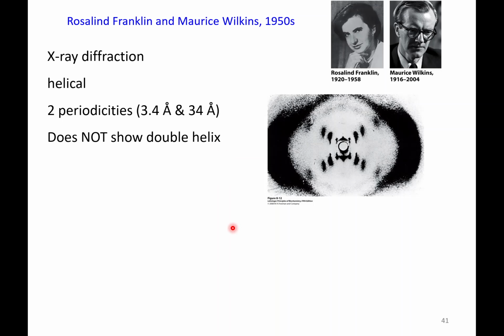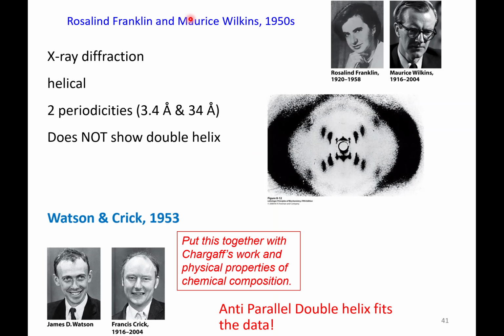Okay, it was found that it was helical. This diffraction pattern does not show a double helix. It just shows that it is helical, and it gives some dimensions to the helix. That was determined by Rosalind Franklin and Maurice Wilkins. They did that work.